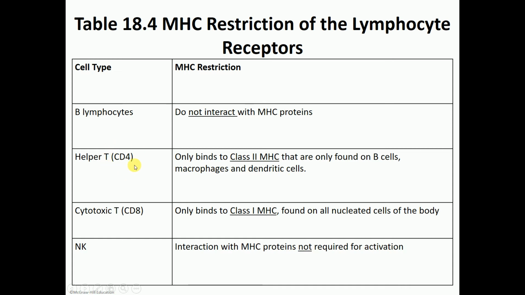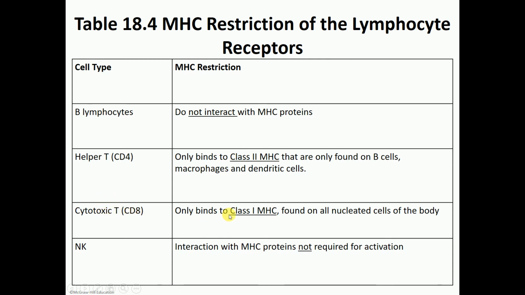Helper T cells have a nickname, and that nickname is CD4. CD stands for Cluster of Differentiation 4, and we're not going to really get into the details of what that means. But you want to know that helper T cells are also known as CD4 cells, and those bind to class 2 MHCs. While your cytotoxic T cells, those are known as CD8.